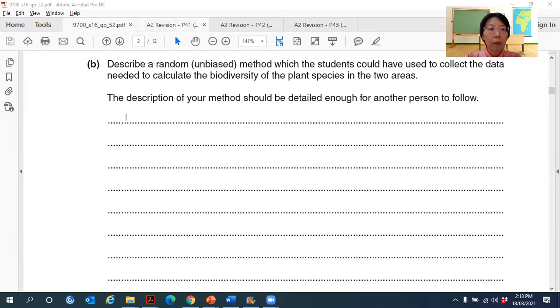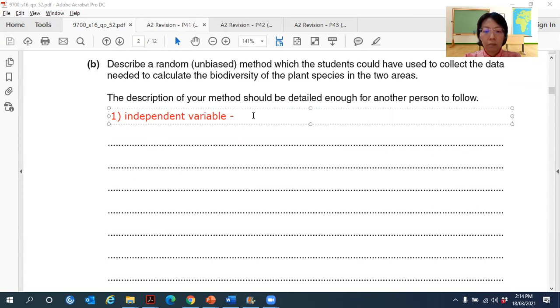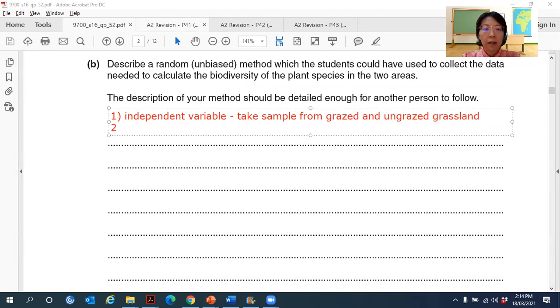In every design experiment, the first thing you talk about is the independent variable. In this case, the independent variable means you have to take the sample from grazed and ungrazed grassland. So this is your independent variable. There'll be 1 mark.